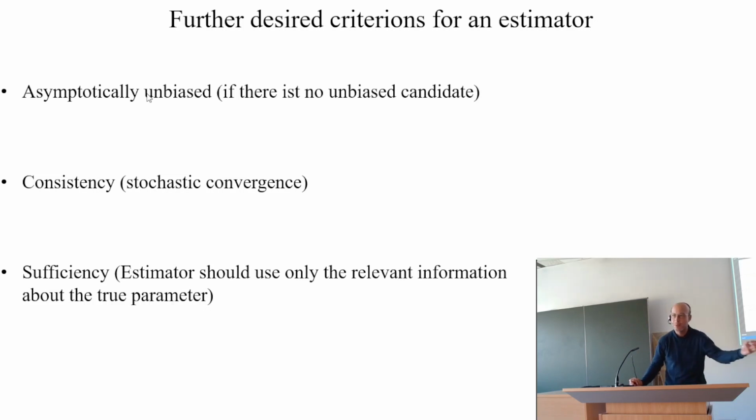So that I'm approximately in the neighborhood of an unbiased estimator. And this I call the asymptotically unbiased estimator.